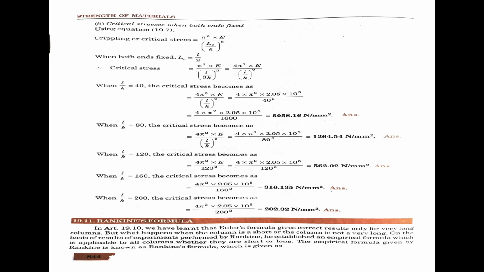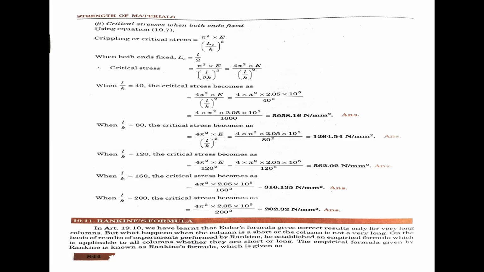We have learned that Euler's formula gives correct results only for very long columns. But what happens when the column is short, or the column is not very long?